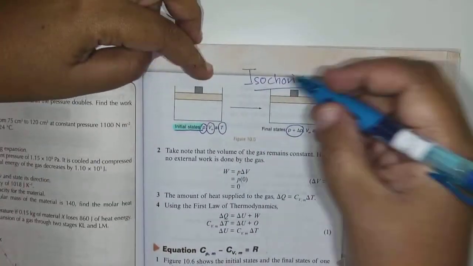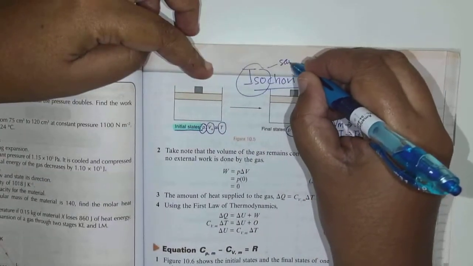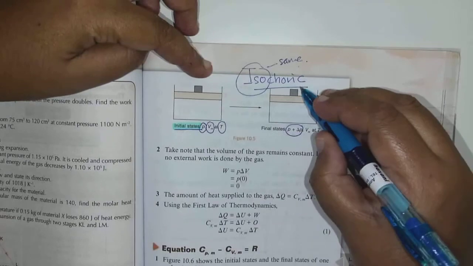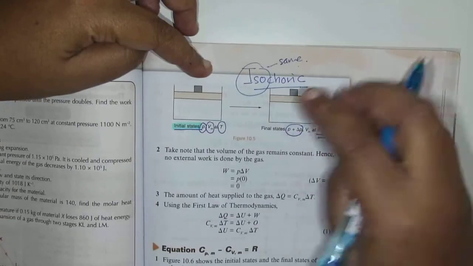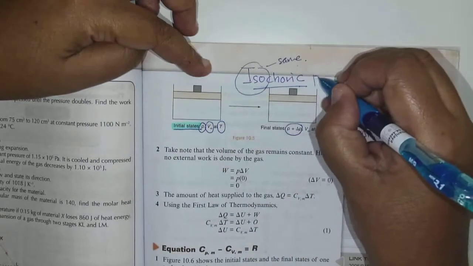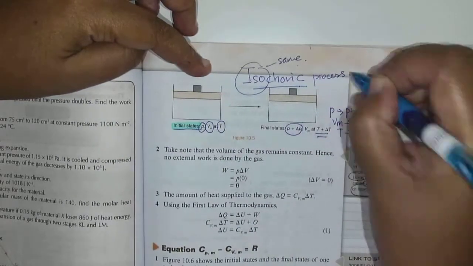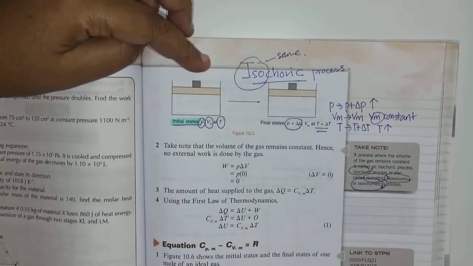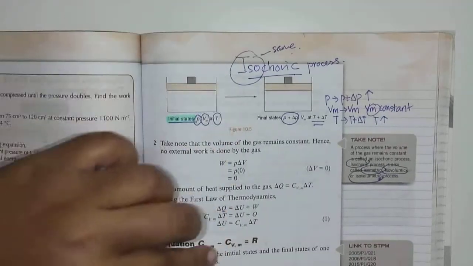Iso means same, so same volume. This process is called an isochoric process. So this is the first process.